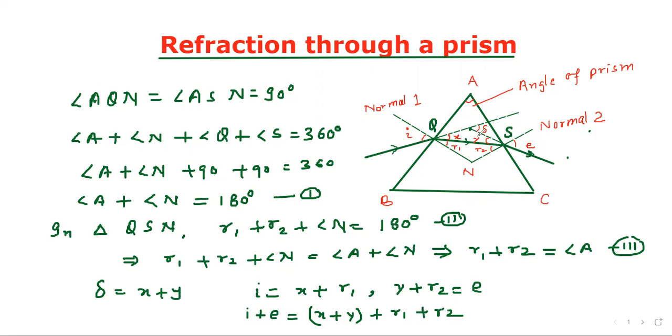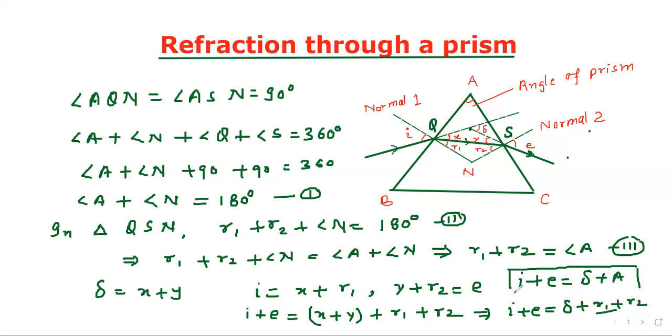But X plus Y equals delta, so we can say I plus E equals delta plus R1 plus R2. And also we have R1 plus R2 equal to A. So from here we get I plus E equals delta plus A. So this is our final relation.